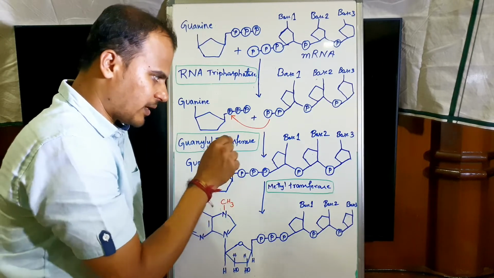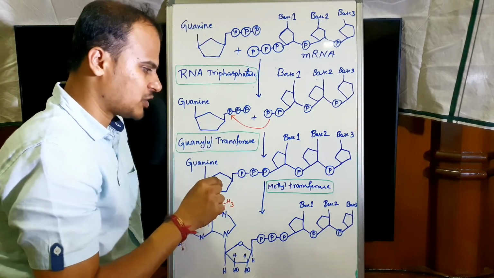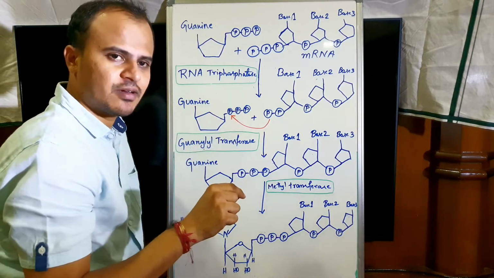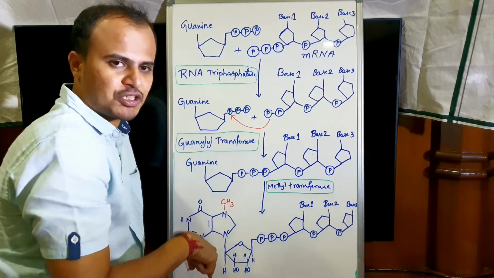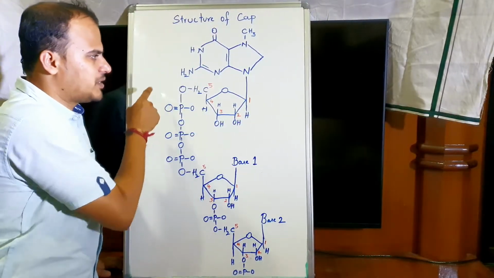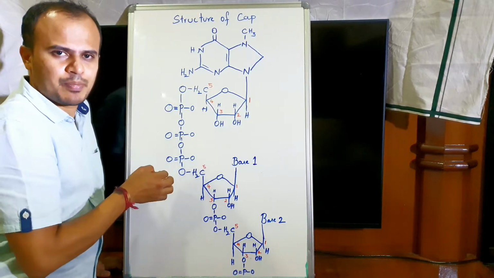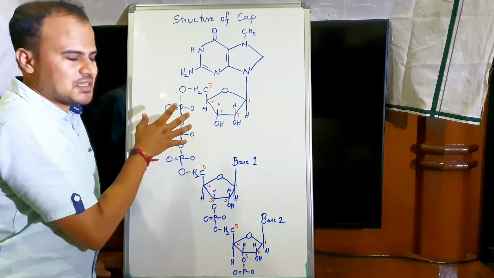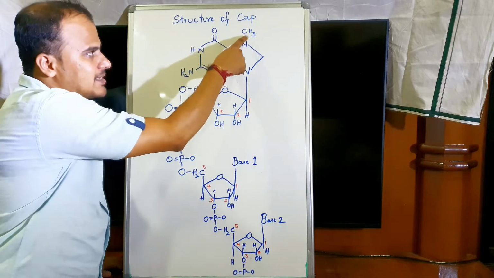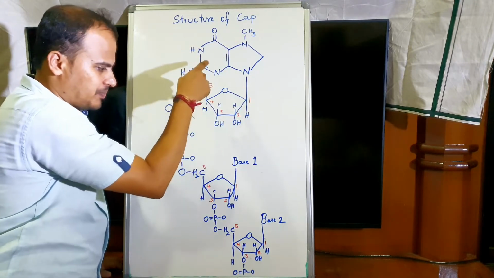I will show you the complete structure of the cap in the next picture. So this is the exact structure of the cap. Biochemically, as I said, the cap is 7-methyl guanosine.